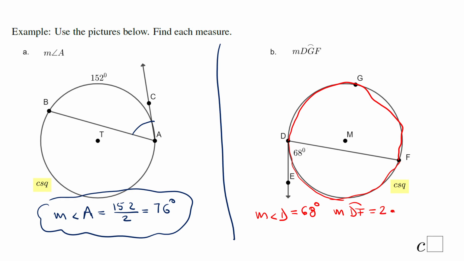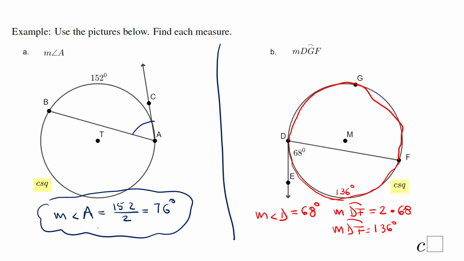It's going to be 2 times 68, and that will be 136 degrees. That is how much this arc here is.